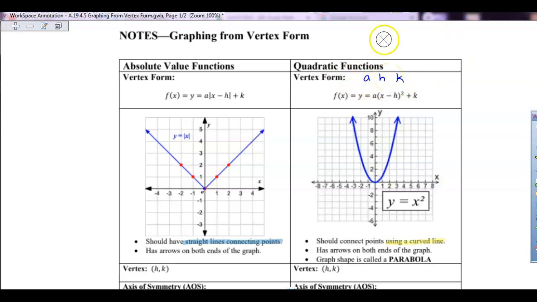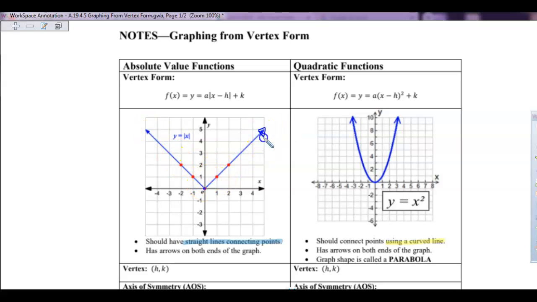And we have talked about the vertex form before. Now what we're doing is we're also introducing the absolute value symbol. So before we've used parentheses, now we're using these absolute values. And the difference between the two is the absolute value functions create straight lines. They connect the points using straight lines.